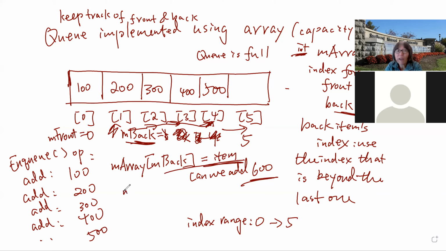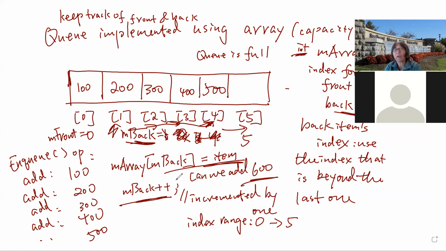Then you update your back index by 1, move it to the next one, incremented by 1. That's how this works.